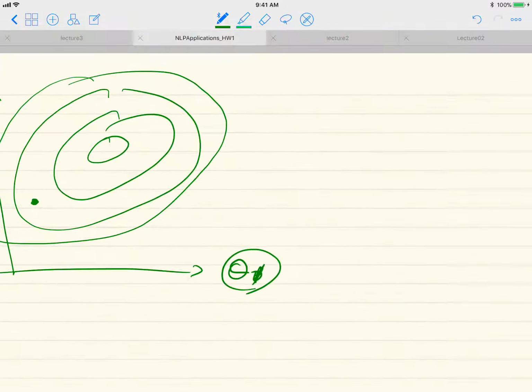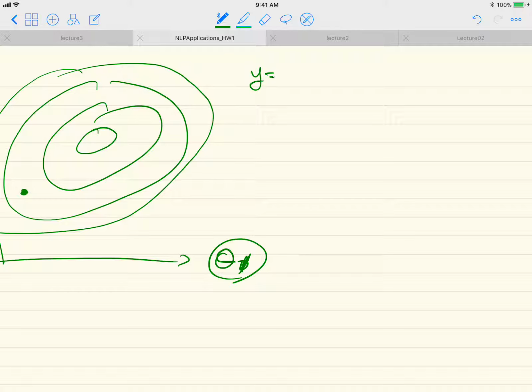In that case, y is equal to x squared plus 2xy plus y squared, and maybe 2x plus 3y plus 1. So let's think about this two-dimensional function, okay? And then suppose we are currently at (1, 1), okay?